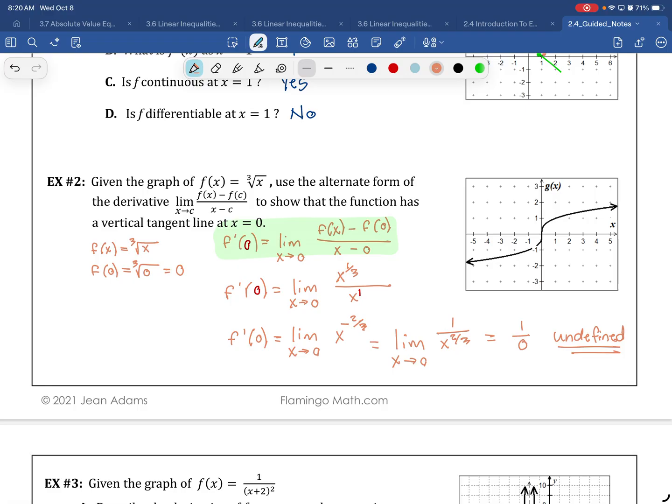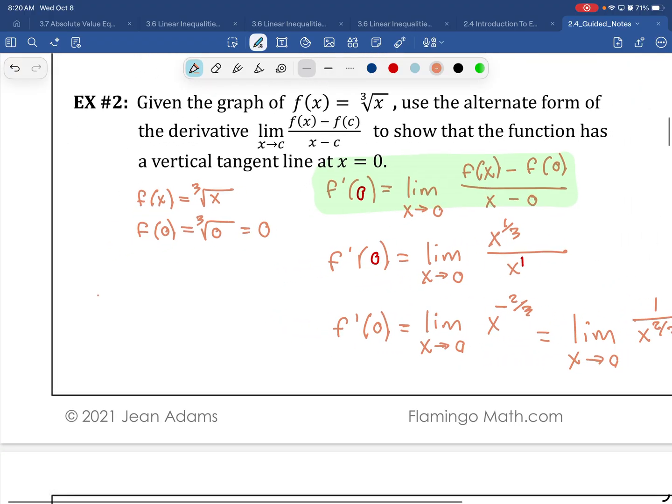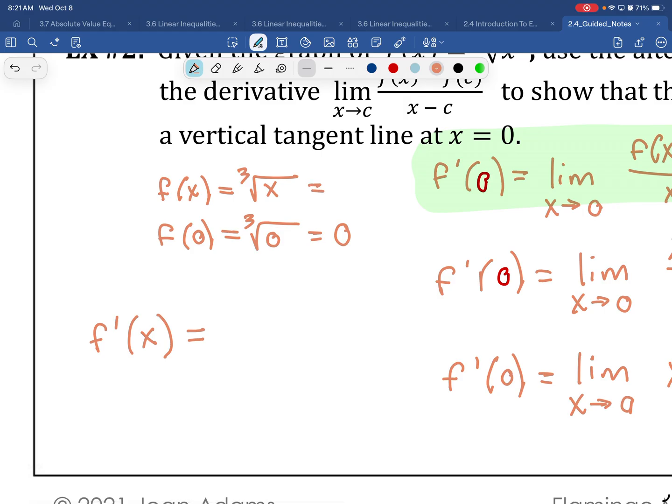I got a question for you guys. Could you use the shortcut to tell me a formula for this derivative? We'll come back to differentiability. So the function is right here. Do you know how to write that as an exponent without a radical? This is x to the 1/3.